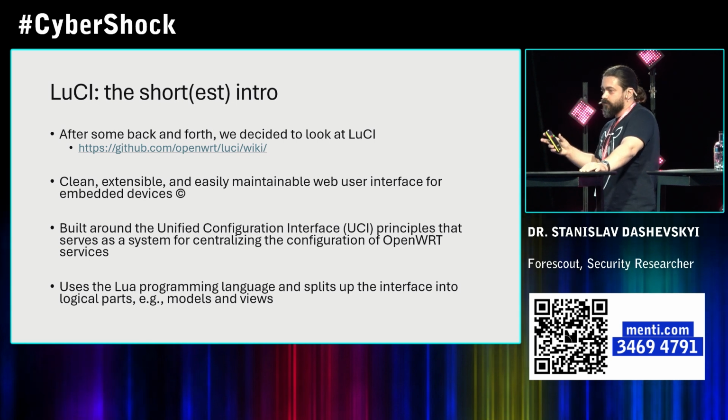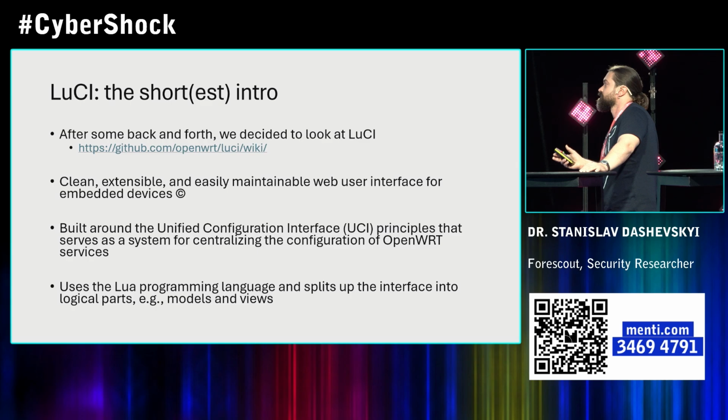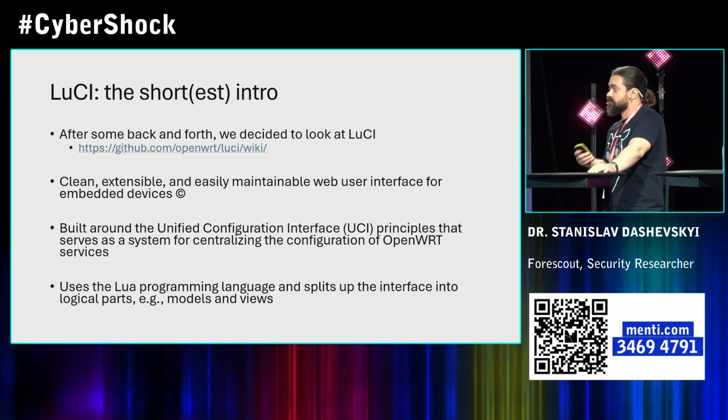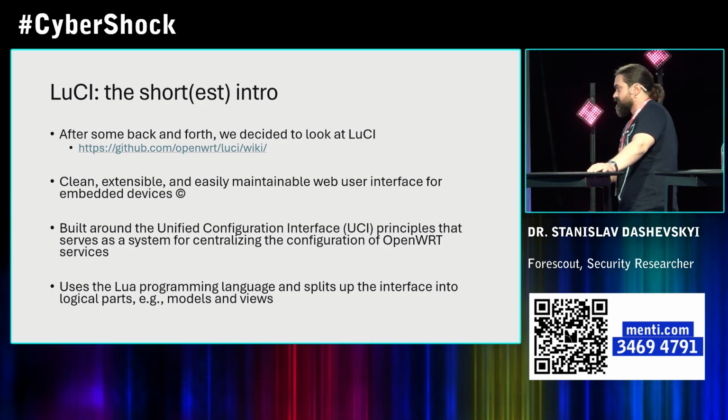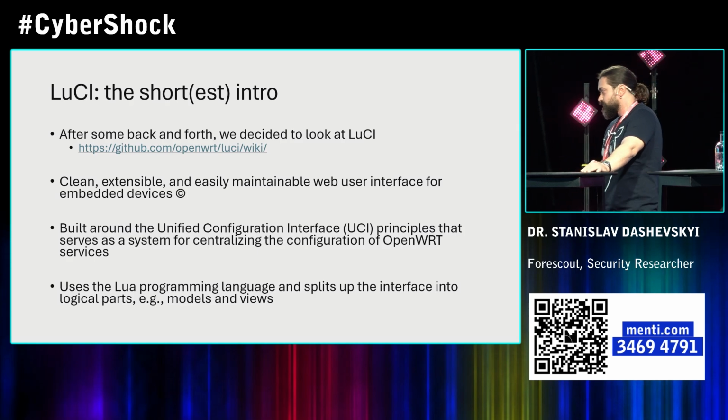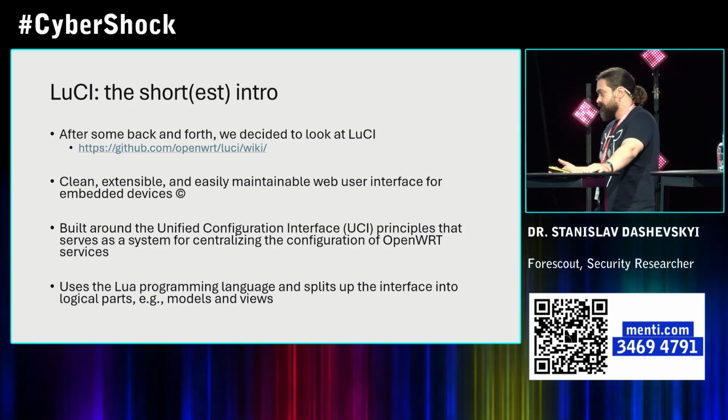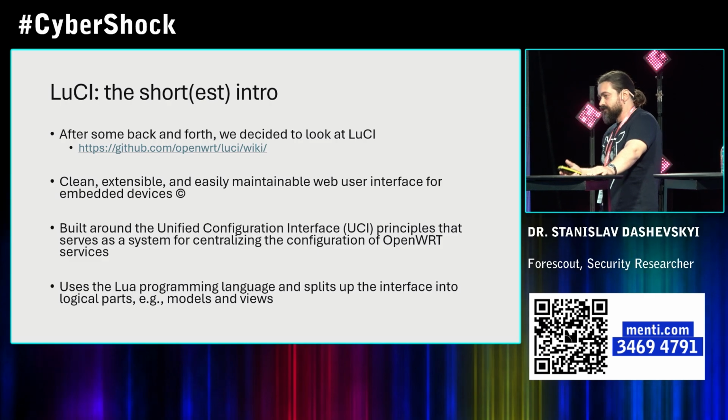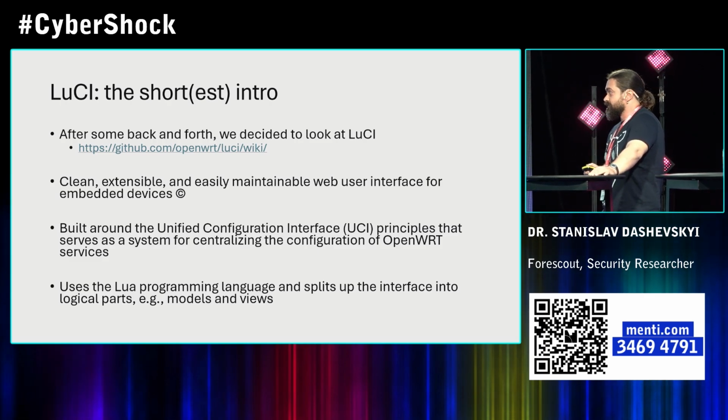It's basically a web interface with some scripts that translate changes you make through the web interface to the device configuration files. It's implemented using the Lua language, and it's really cool because it splits the interface logical parts into models and views, and basically allows you to do a lot of things without writing a lot of code.